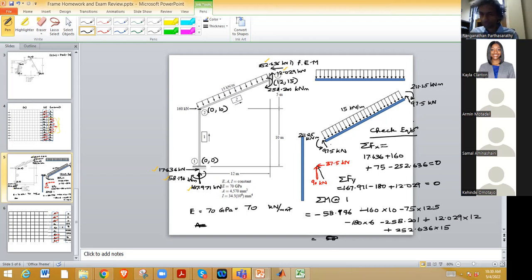Okay. So equilibrium is satisfied, and that should be fine. Okay, let's go to the next one.